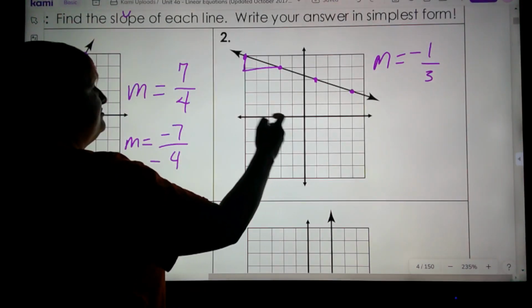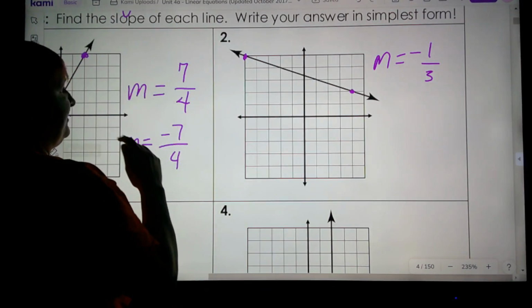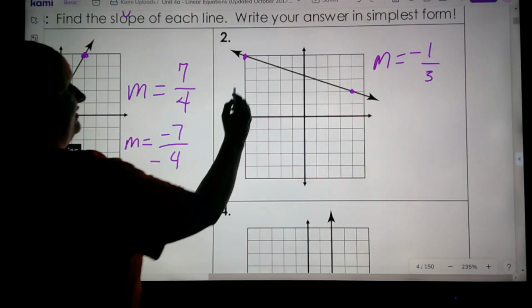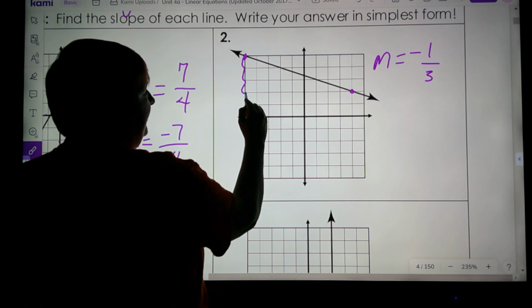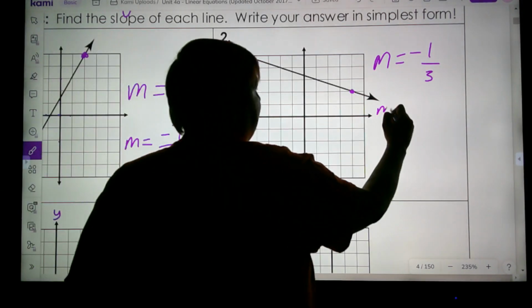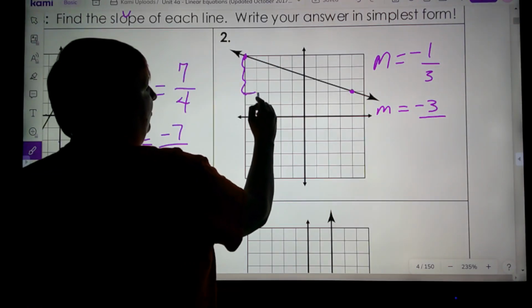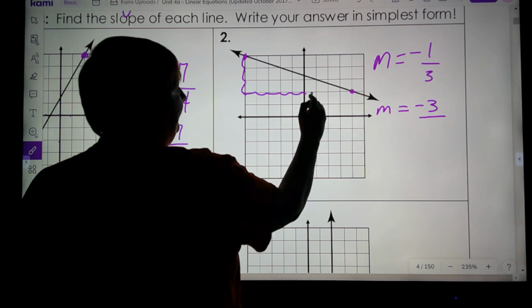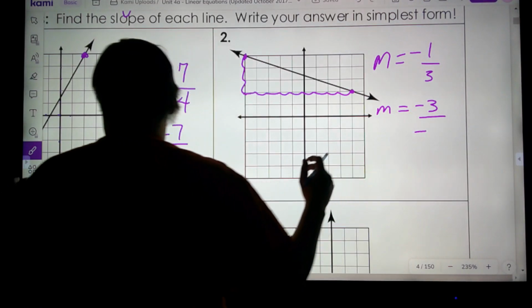What if I didn't use those points? What if I used the points it gave me? Then we had to go down 1, 2, 3. So we had to go down 3. We had to go right 1, 2, 3, 4, 5, 6, 7, 8, 9. We had to go right 9.